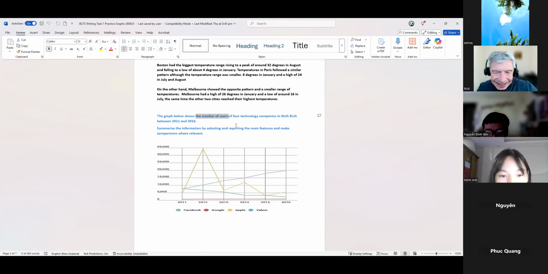I have no idea. What is that? Well, what are the users using? Ming Ang, what are the users using? The graph below illustrates how many people in Ninh Binh use. What are they using, Ming Ang? Use for technology companies.